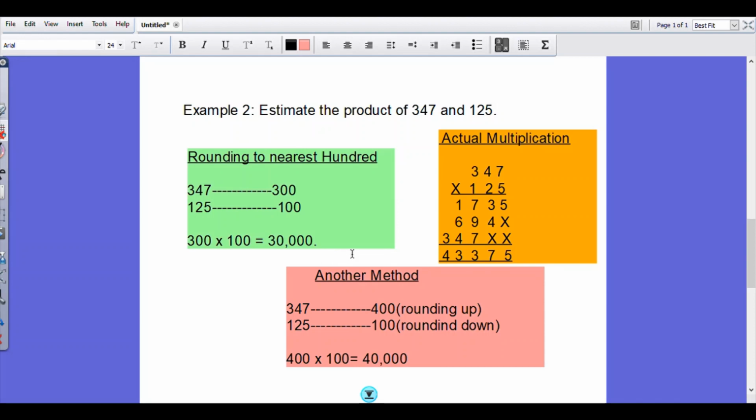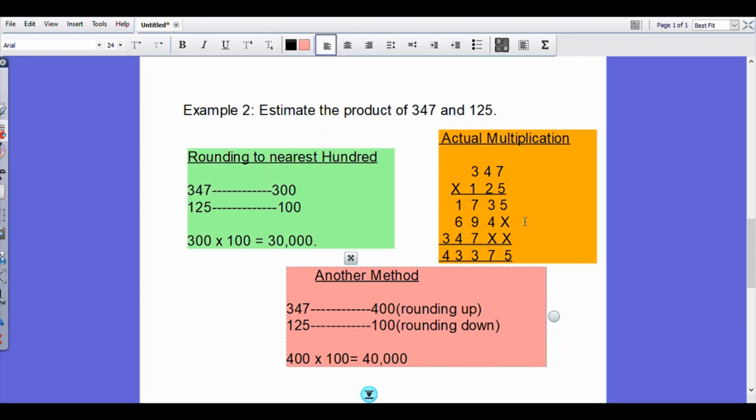And here with the other method, one number rounded up and the other rounded down, the product is 40,000. That means a much smaller difference.